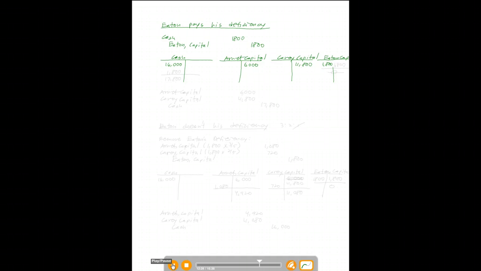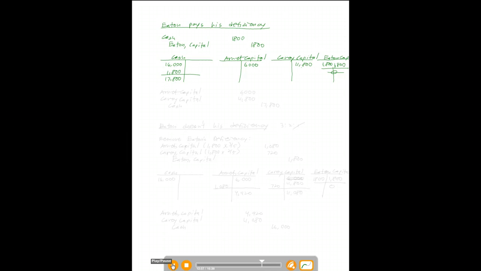So cash was $16,000. We're going to debit it for $1,800. So that gives us an ending balance of $17,800. Arnett's capital is still $6,000. Carrie's is still $11,800. Credit Eaton's capital for $1,800. So that gives us a zero balance. And now we can close these out.